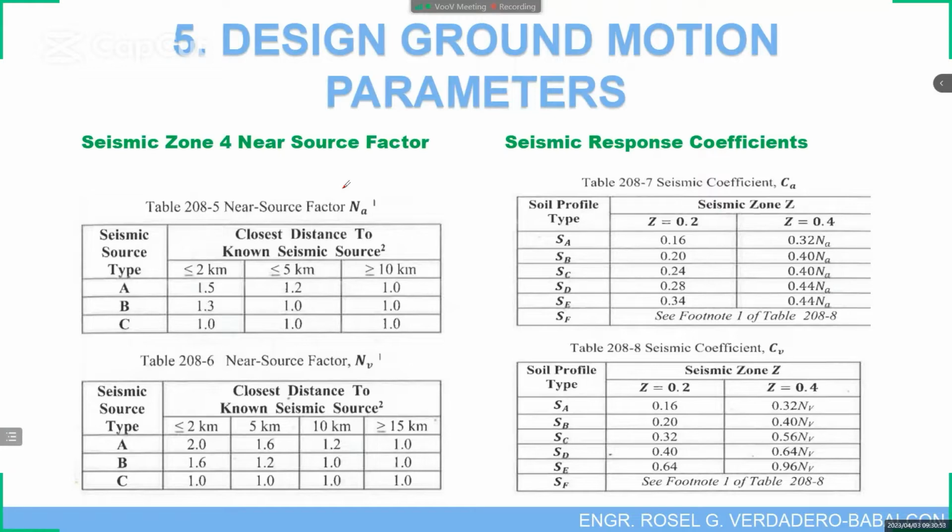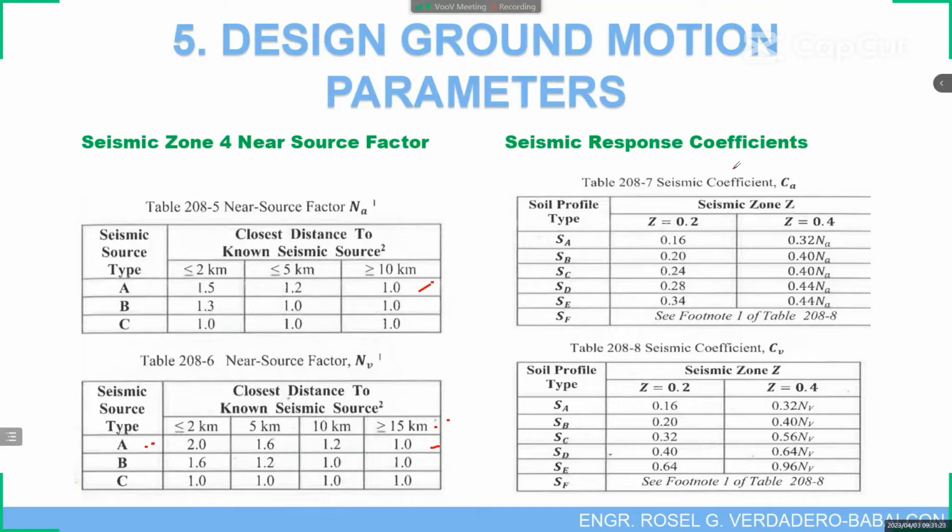For example, our seismic source type is A and our distance to the seismic source type A is 15 kilometers. So that's greater than 10 kilometers. Therefore, our near source factor Na is equivalent to 1 here. And likewise for seismic source type A at 15 kilometers from the nearest fault line, our Nv value is also 1.